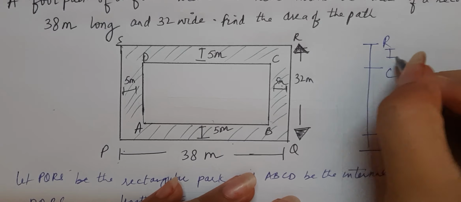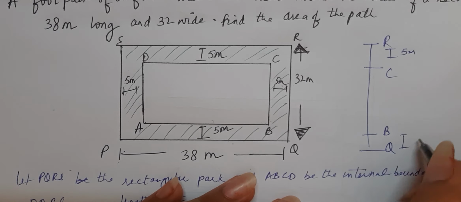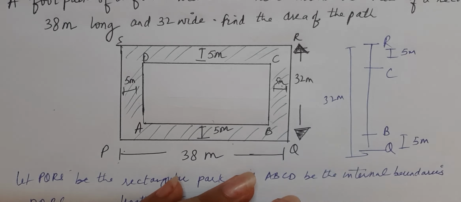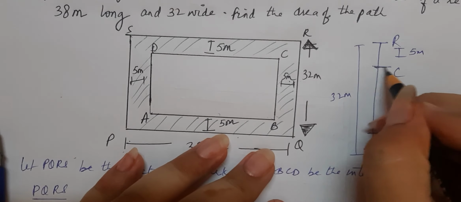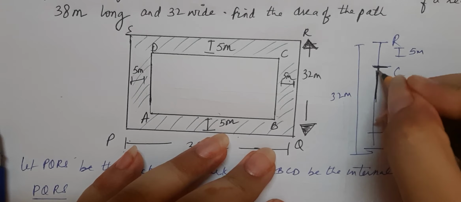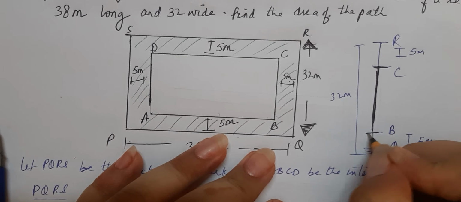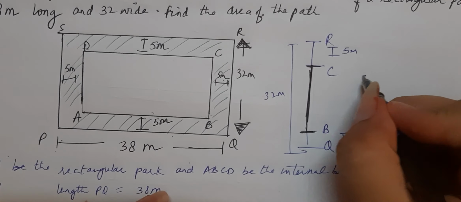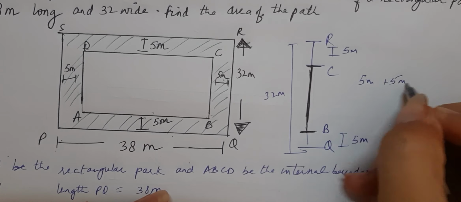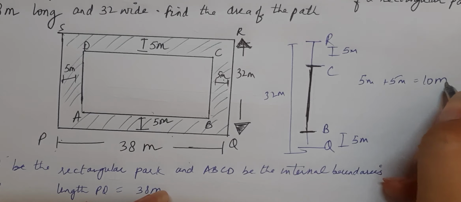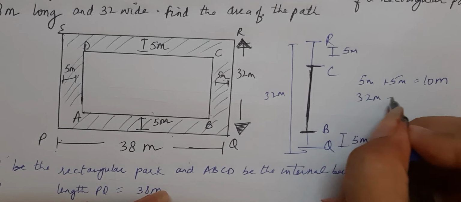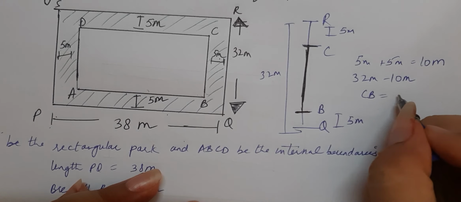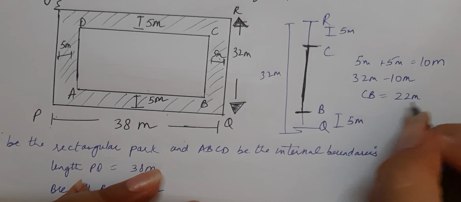This much width is 5 meter and this much width is also 5 meter, and the full length is 32 meter. So I will add 5 meter and 5 meter first, that will be 10 meter, and subtract it from 32 meter so that I can find CB. That will be 22 meter.